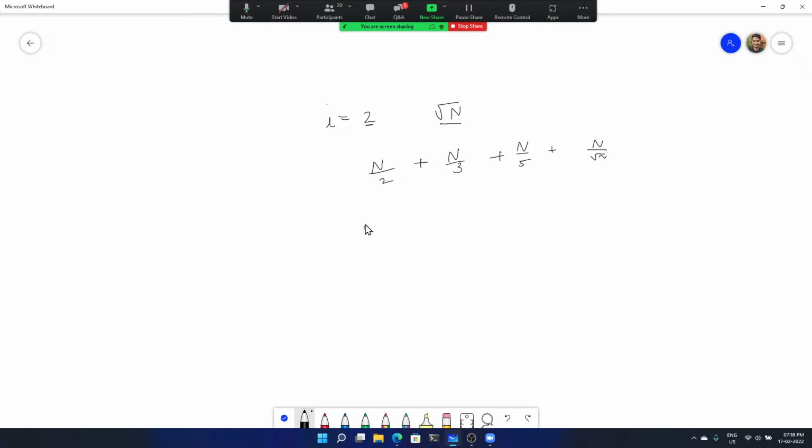If you take n outside, you can think of it as 1 by 2 plus 1 by 3 plus similarly up to 1 by root n.